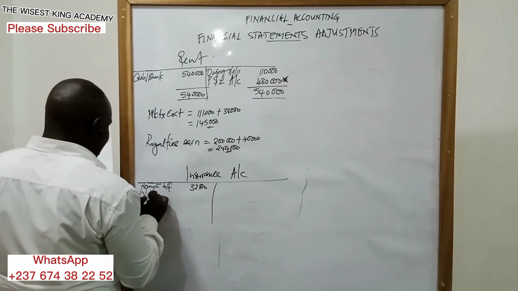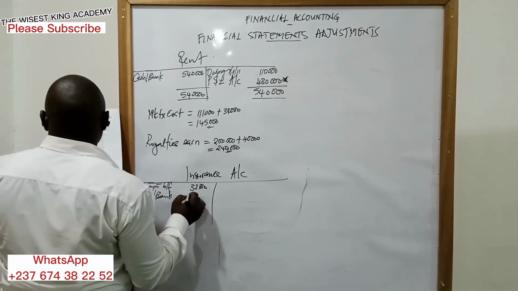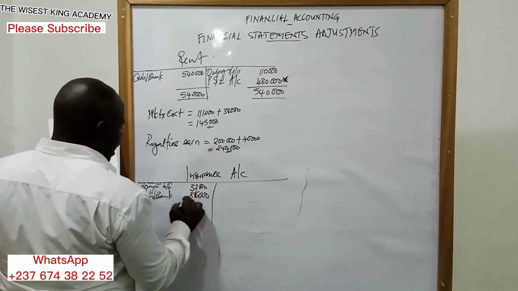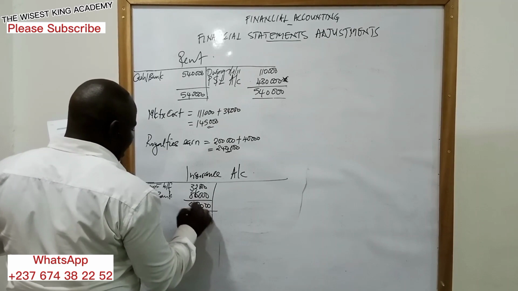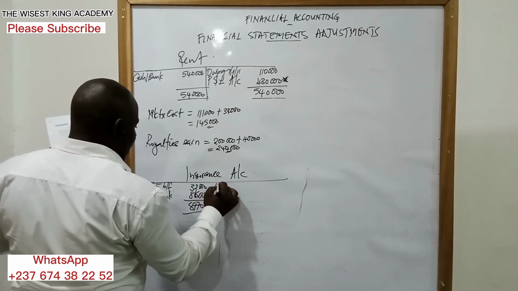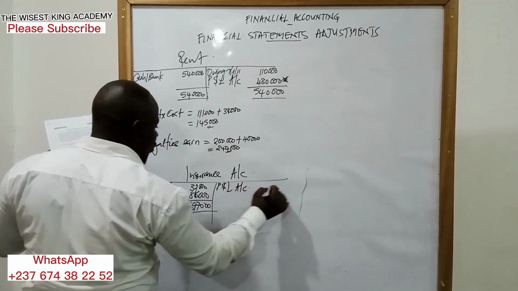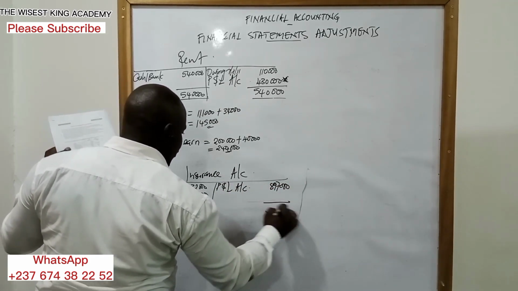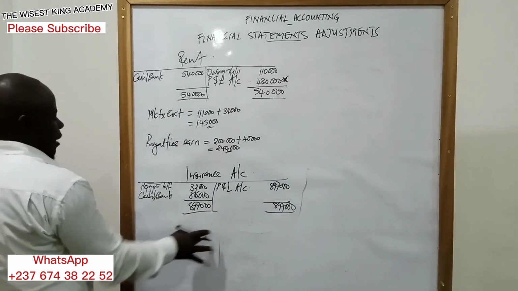How much did we pay? Cash or bank, that was 865,000. Will we owe anything again? No. So the total here is 897,000. So we have the profit and loss account, which will be 897,000.